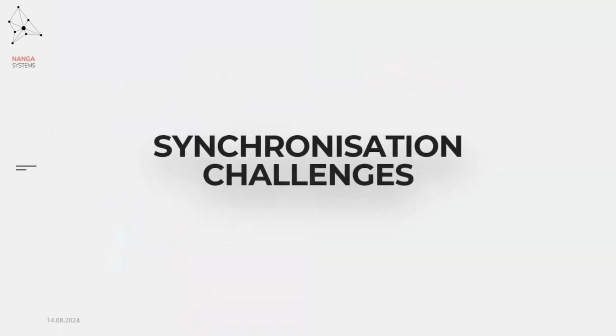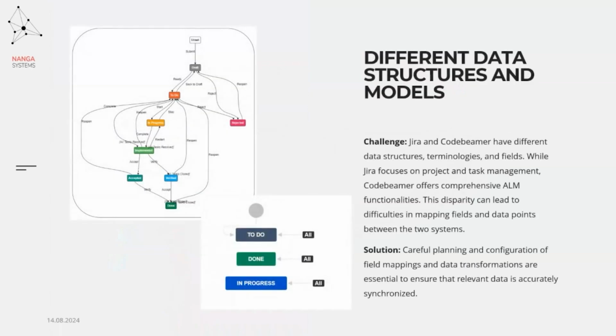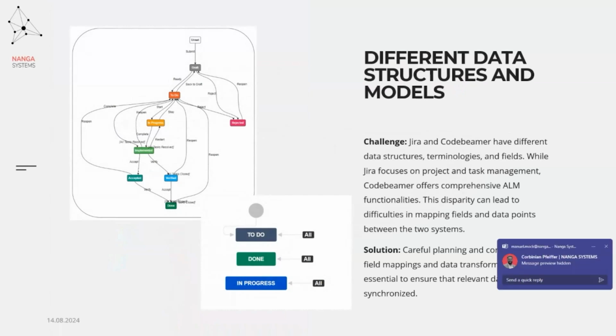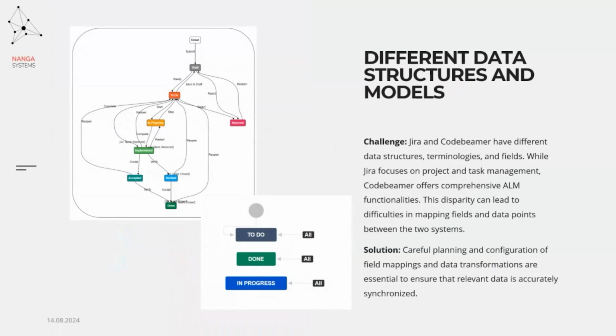So I want to give you a small overview about challenges you might face when you deal with integrations between Jira and Codebeamer. The first big challenge is that there are different data structures and models. So you have different fields.